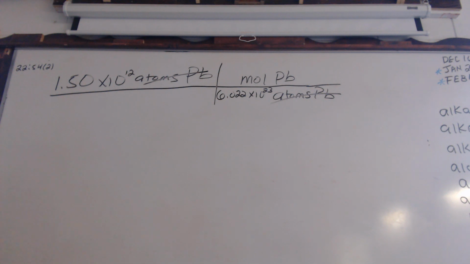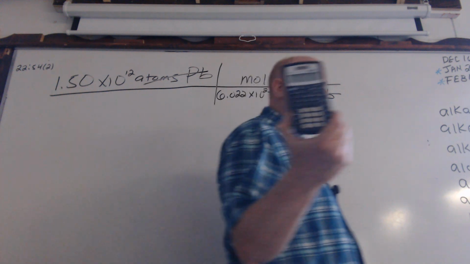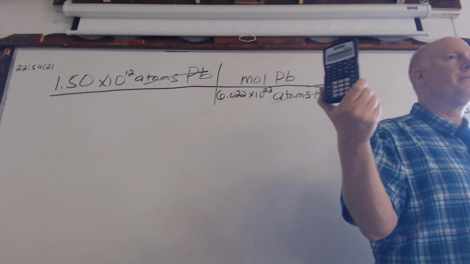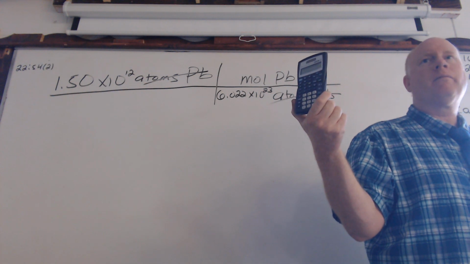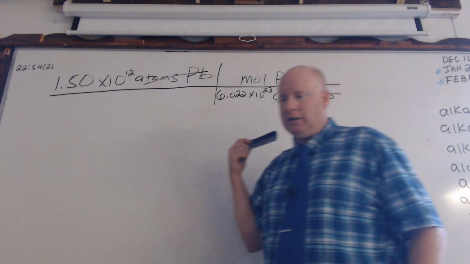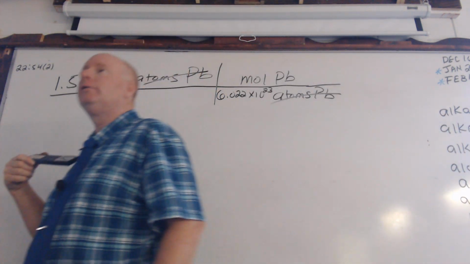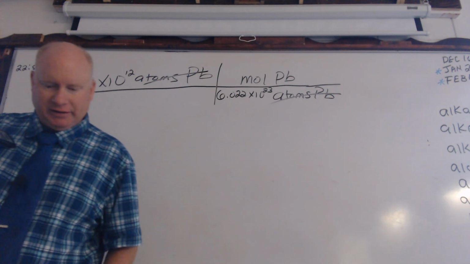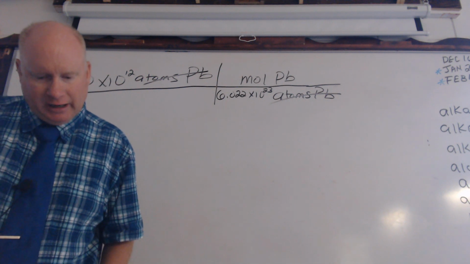Is anyone still having problems, or maybe from time to time having problems punching these into the calculator? Say what part? Oh, 2.5 times 10 to the negative 12th. Well, it says 2.49, but I just say 2.5 times 10 to the negative 12th.